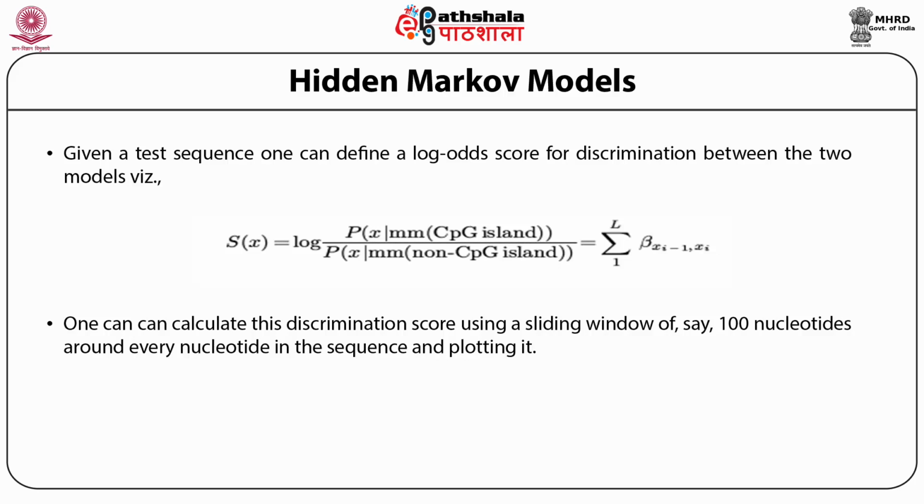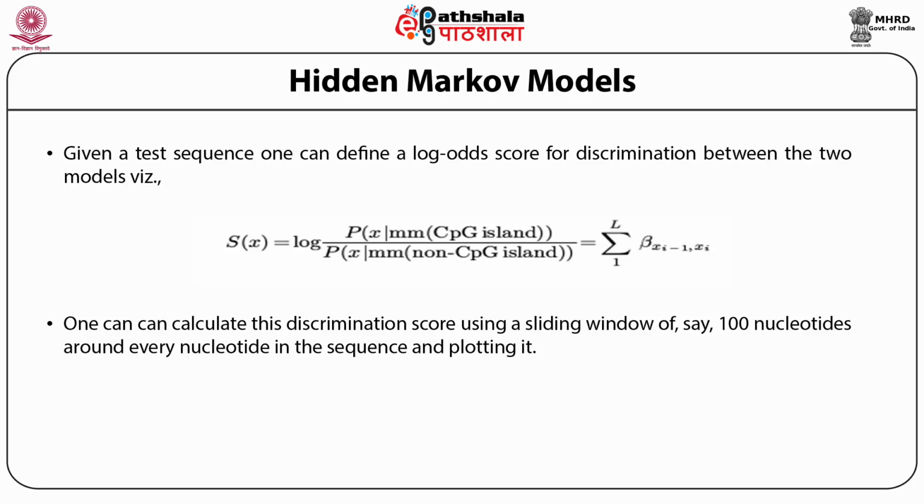But this approach has a little problem: the boundaries between CpG islands and non-CpG islands are not clearly identified, because if your window length is rather big, then as you slide your window from the boundary of CpG to non-CpG, your score slowly, in a smooth fashion, comes down. So the length of the window reduces the sharpness of the signal.